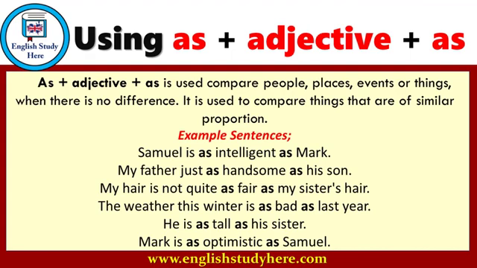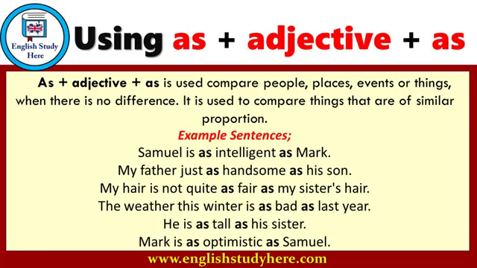When we have two equal adjectives, we use as adjective as. As adjective as is used to compare people, places, events, or things when there is no difference. It is used to compare things that are of similar proportion. These things or places are to an extent equal.